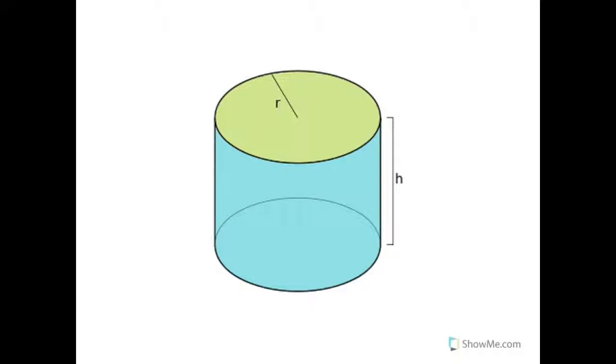Okay, now I want to take a look at the volume of a cylinder. Volume of a cylinder would be pi r squared times the height. And this picture does a really good job of showing us what we're looking at here. So we have our radius here, it's already drawn out for us, let's say that was 4 centimeters.